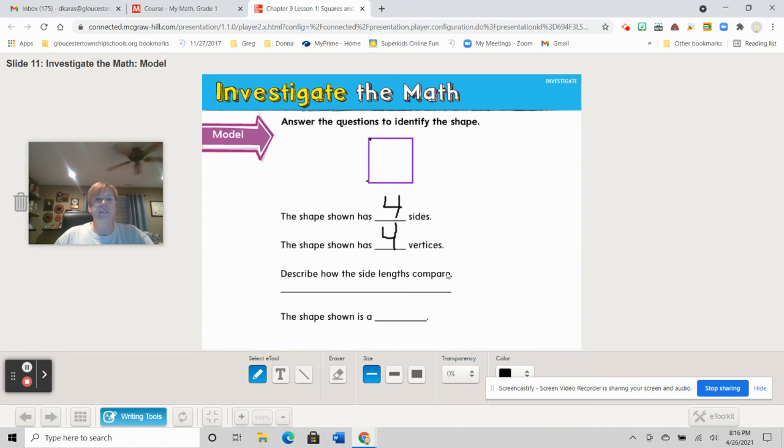Describe how the side lengths compare. They are equal. I'm just going to write the word equal. They are equal, meaning all 4 of them are the same length. And what is that shape that we're discussing right now? A square, correct. S, Q, U, A, R, E. Okay, square.